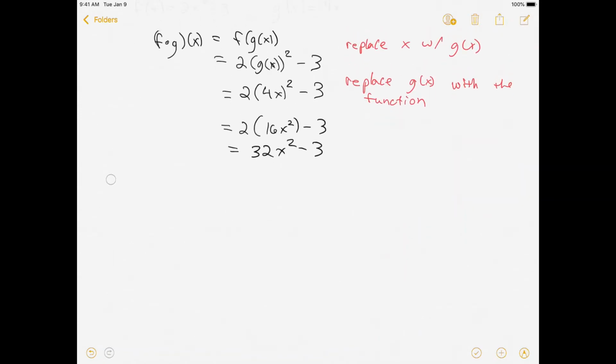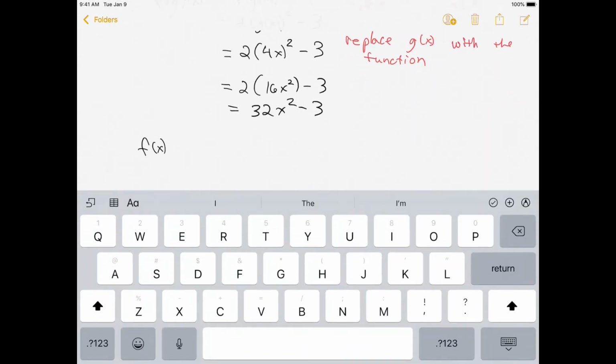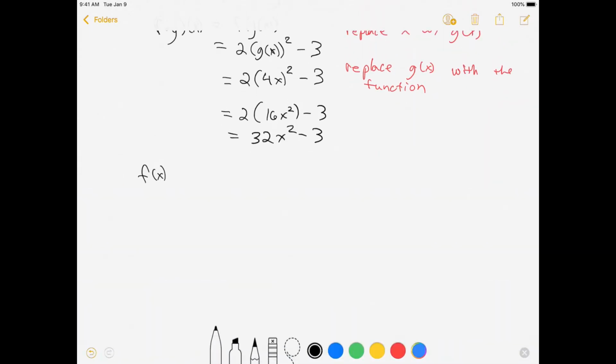Let's do another example. Let's say I have f of x is equal to x squared plus 3x minus 1, and let's do g of x is 2x plus 3. Let's first find f composed of g. That is f of g of x.